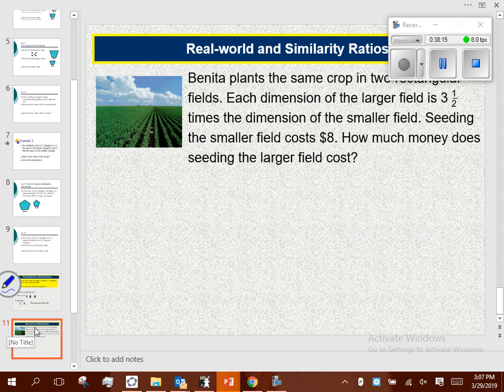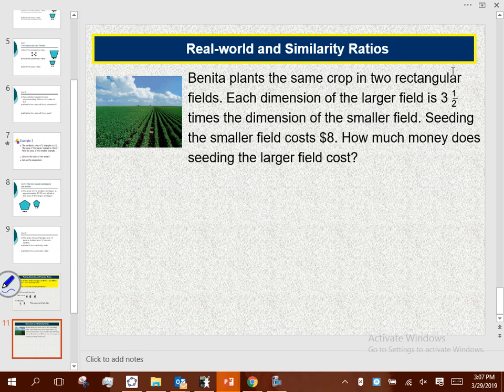All right, let's look at this. It says this lady plants the same crop every day in 2 fields. Okay, 2 rectangular fields. It says each dimension of the larger field is 3.5 times the dimension of the smaller field. Okay, when they say dimension, they're talking about length and width, right? Or base and height. So if this one is A and that one's B, this one here is 3.5A and this one's 3.5B.